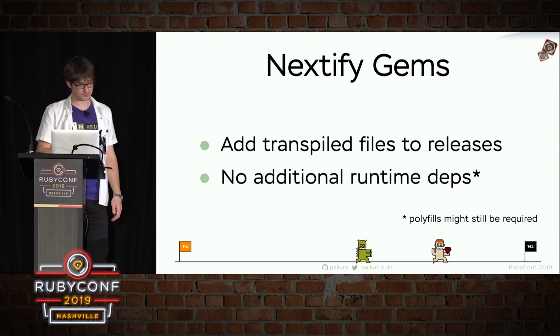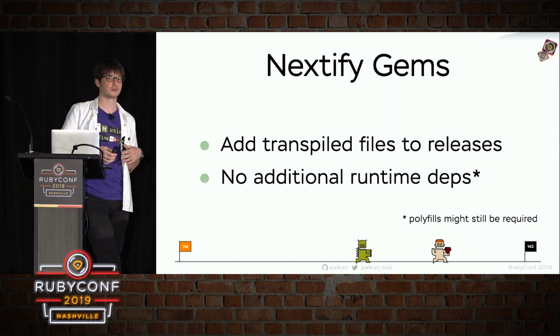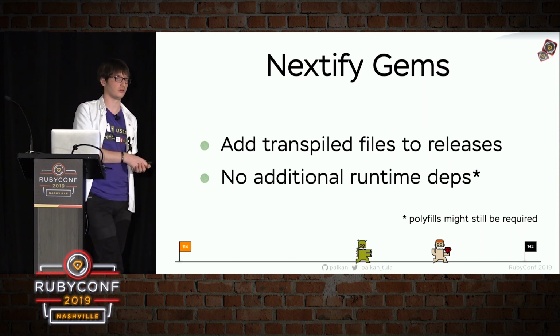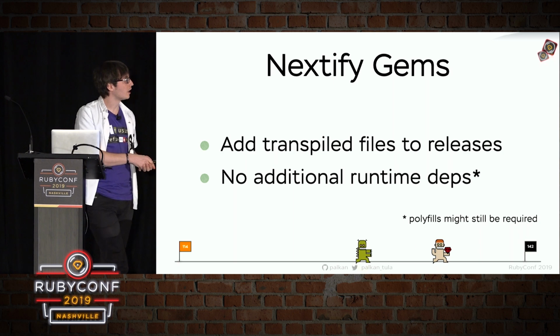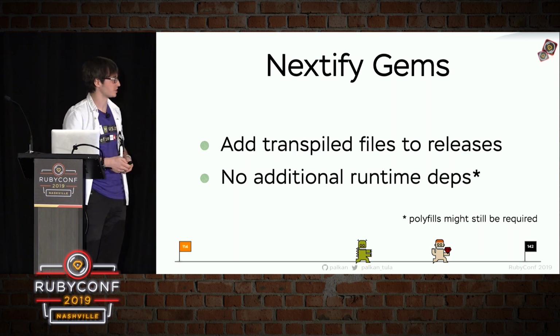A note about gems. So the idea is that we ship transpiled Ruby source files along with the original source code, because we don't want to transpile code in runtime, and we don't want to add additional runtime dependencies for our gems, except for the refinement part of RubyNext, because it's required for pattern matching, for example.